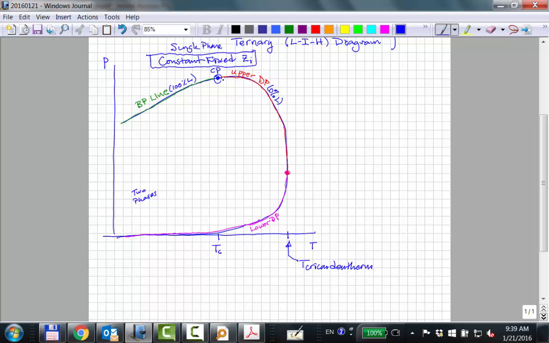So the 50% line is going to look probably something like this. 50% liquid.